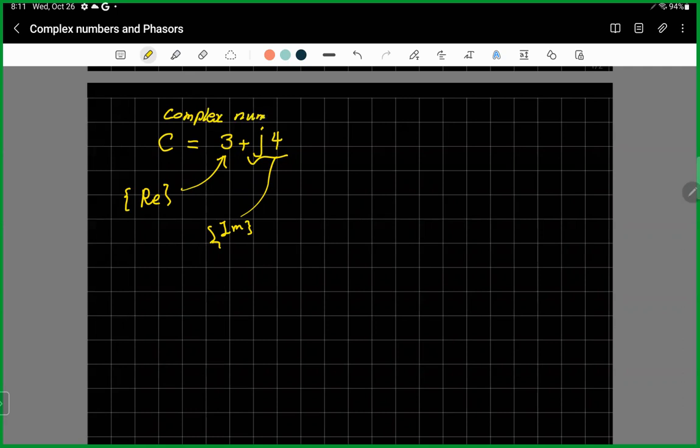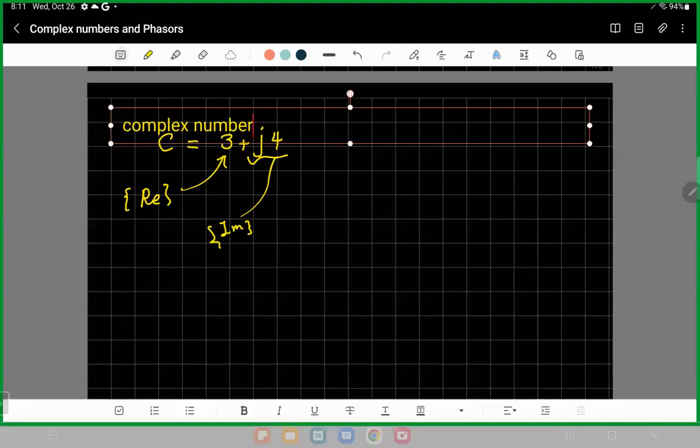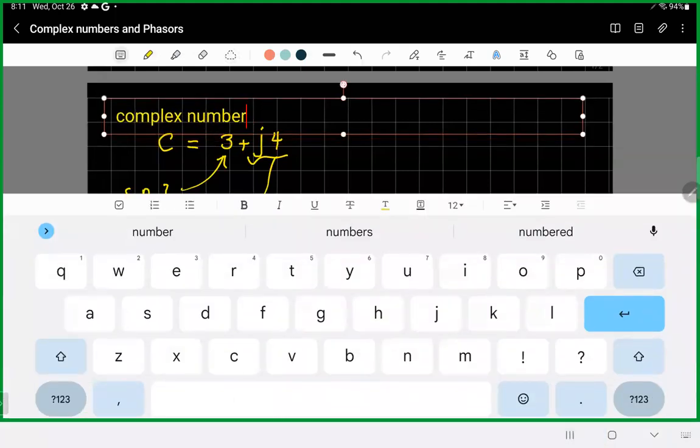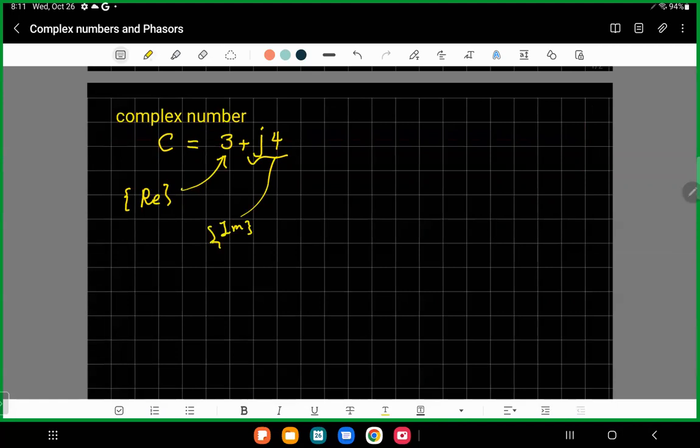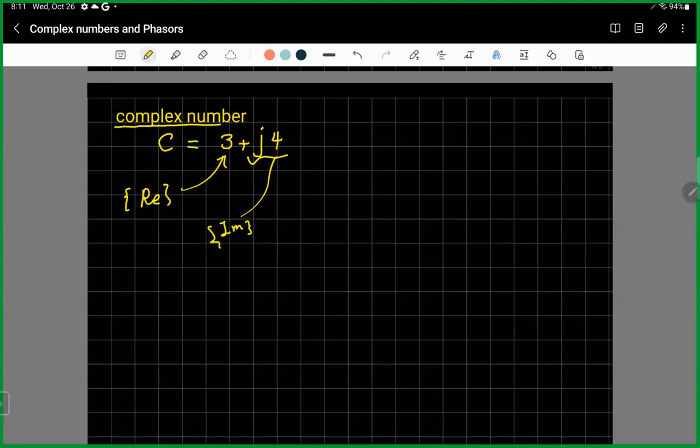I don't like this name because it just means it's complicated, but it's not complicated. Actually, it's really easy. But this is the way that they call it, complex number. A complex number consists of two parts, real and imaginary.